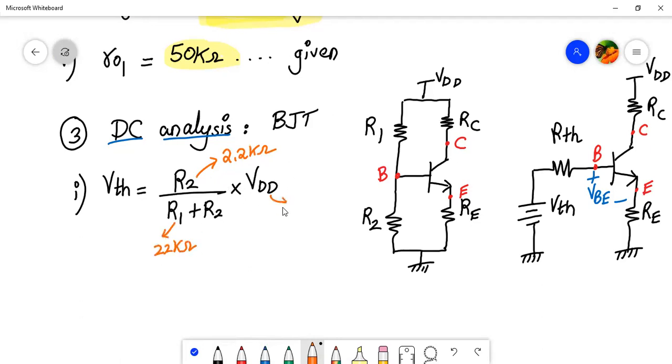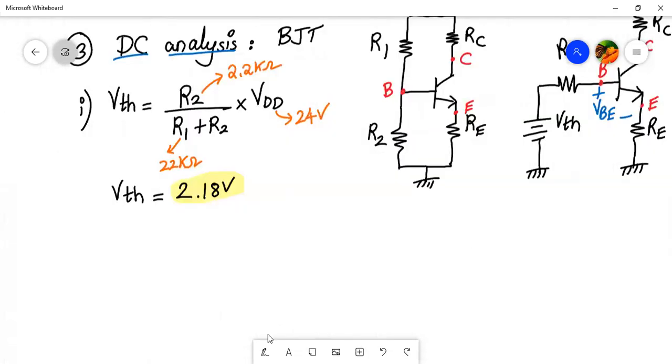And VDD value is how much? 24 volt. Fine. So if you substitute these values in your calculator, you will get the value of VTH as 2.18 volt. Let me highlight it with yellow color.